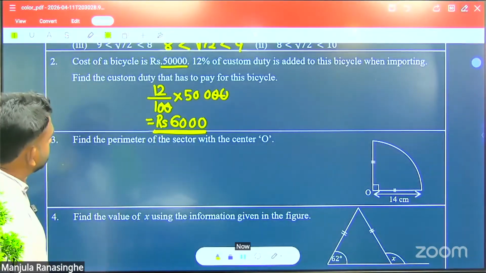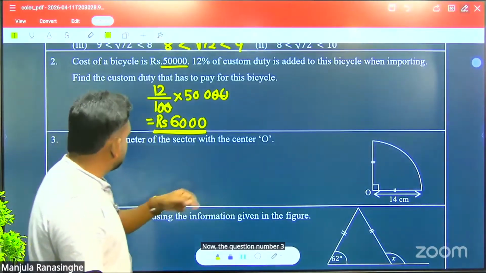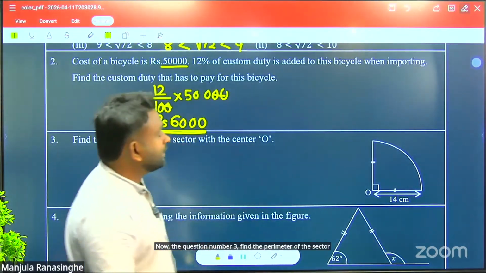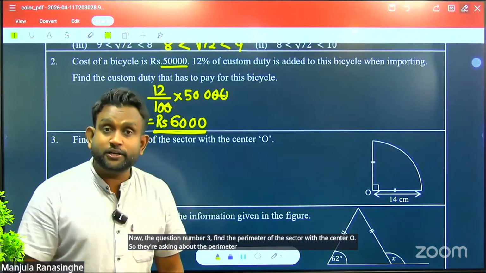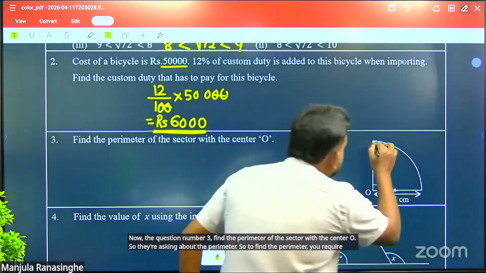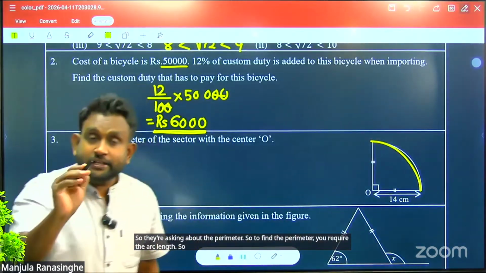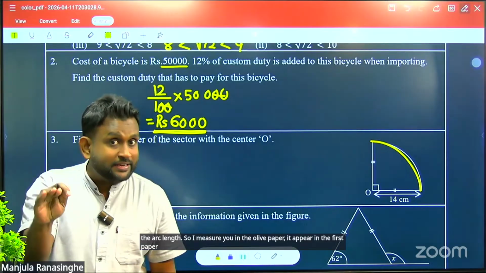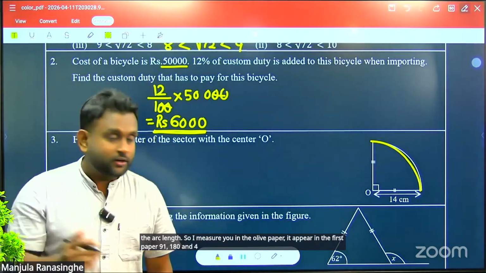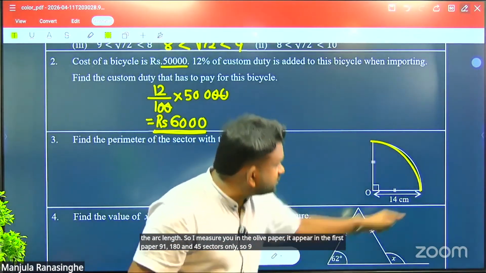Now question number 3. Find the perimeter of the sector with the center O. To find the perimeter, you require the arc length. In the O-level first paper, only 90, 180 and 45 degree sectors appear. A 90 degree sector is 1/4 part of a full circle.